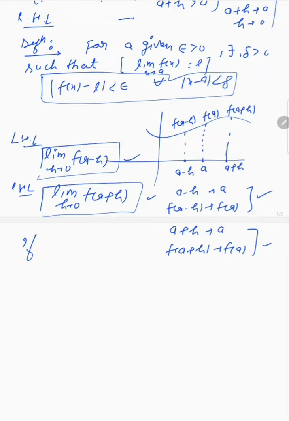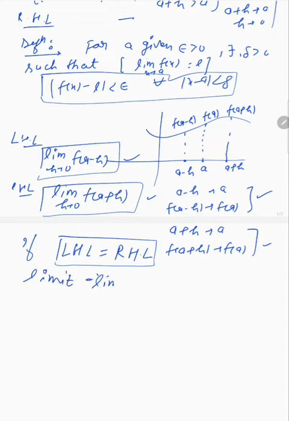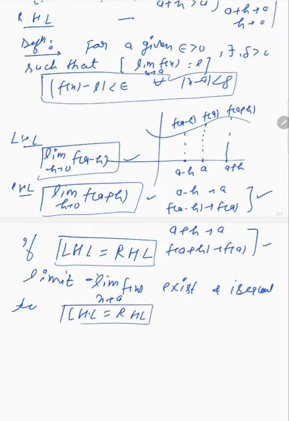If the approaching values from both sides, that is left hand side and right hand side, are equal, then we can say that the limit as x goes to a of f(x) exists and is equal to any one of these, LHL or RHL. So this is the definition of the limit of a function at a given point a.